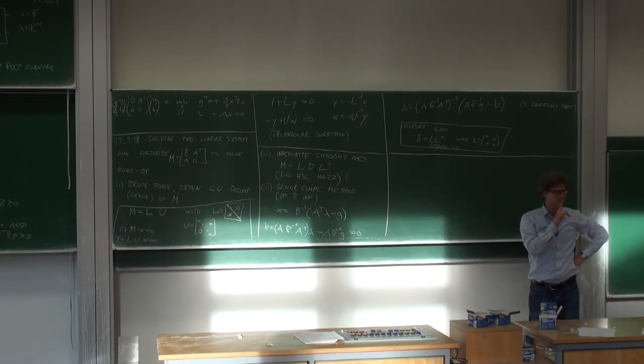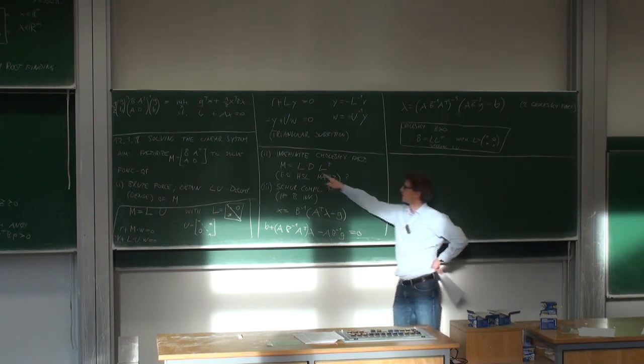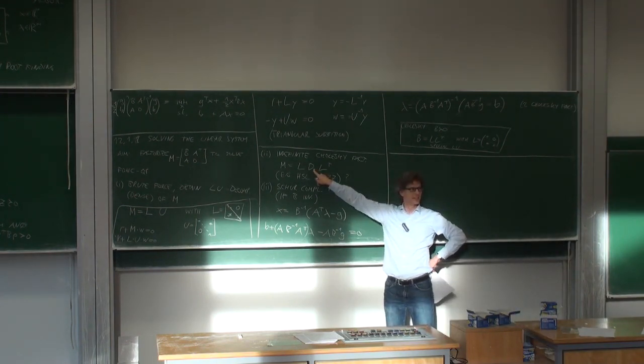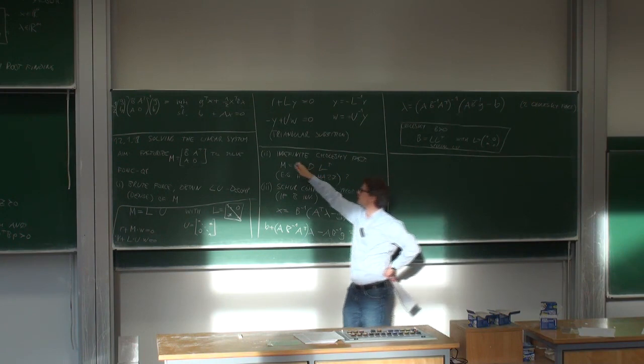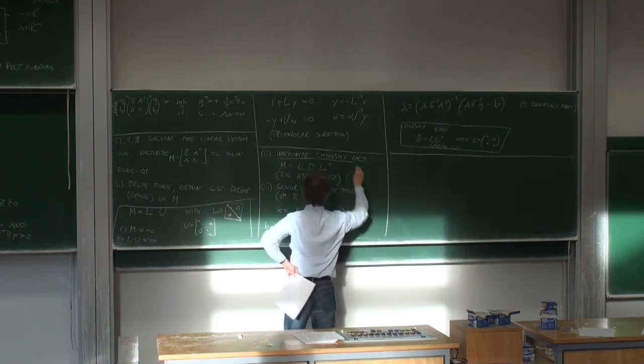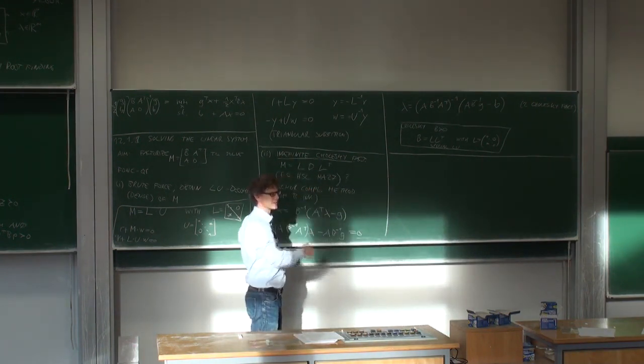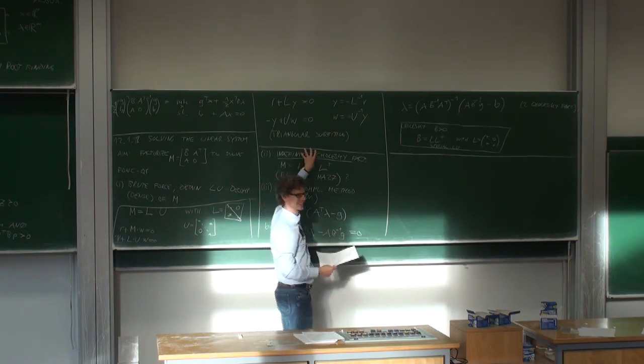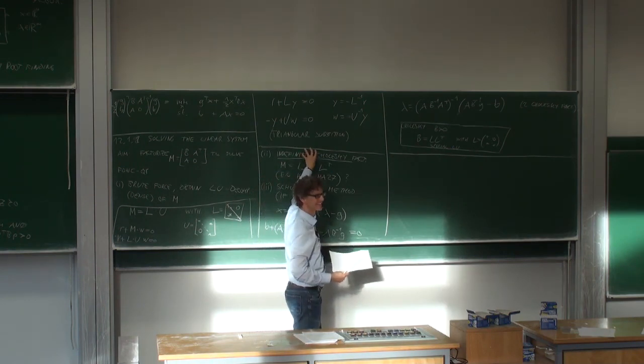Yeah? This one? Is this also a Cholesky? No, that's called an indefinite Cholesky, so it's something a bit more general. I should have introduced Cholesky before I introduced indefinite Cholesky. I think that would make more sense.